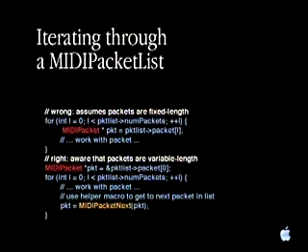It's treating the packet list as an array of packets, but that doesn't work because the packets are variable length. So the right way to do it is to first get a pointer to the first packet in the packet list, walk through each of the packets in the list, and then you use a very efficient helper macro called MIDIPacketNext to get to the next packet in the list.